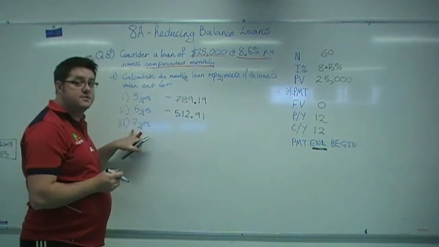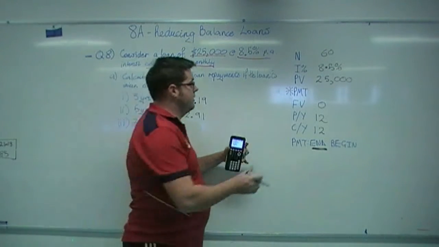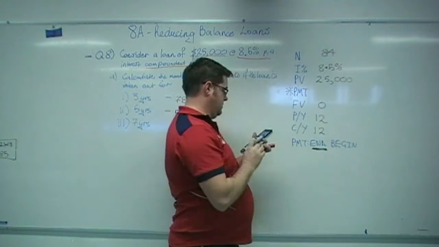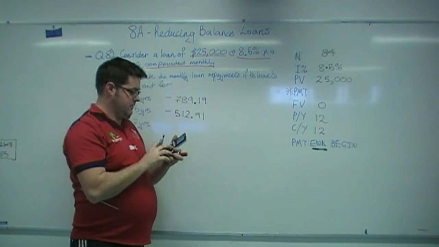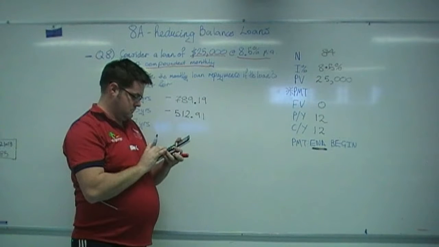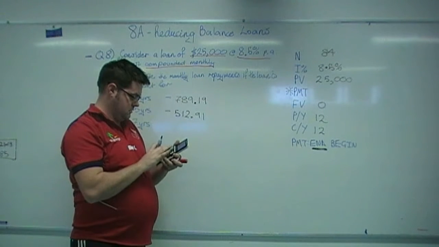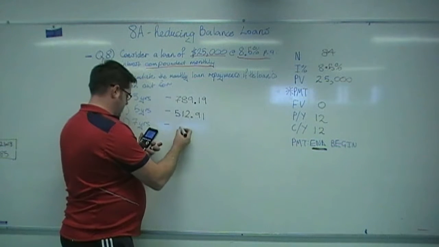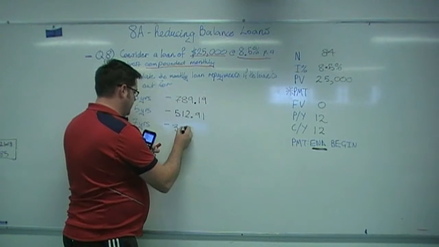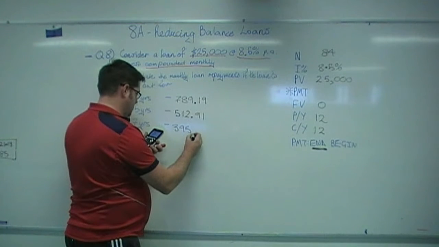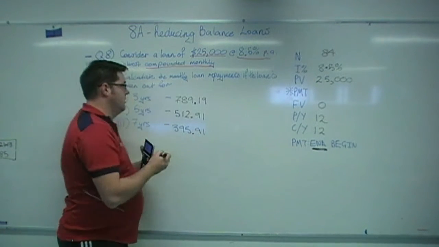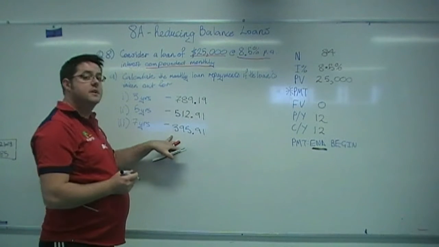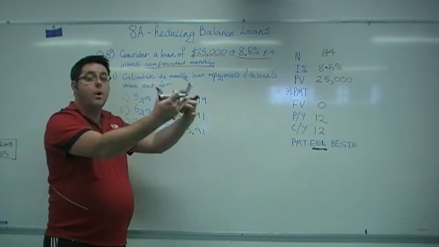And finally we're asked for 7 years. 7 times 12 is 84. So we're going to change that value. And now for enter, we end up with minus $395.91. Remembering these values here, the payments that we're getting out are negative because we're going to give money away.